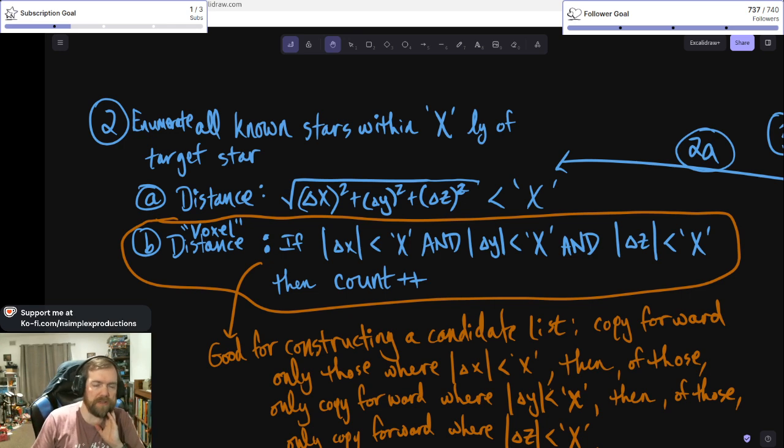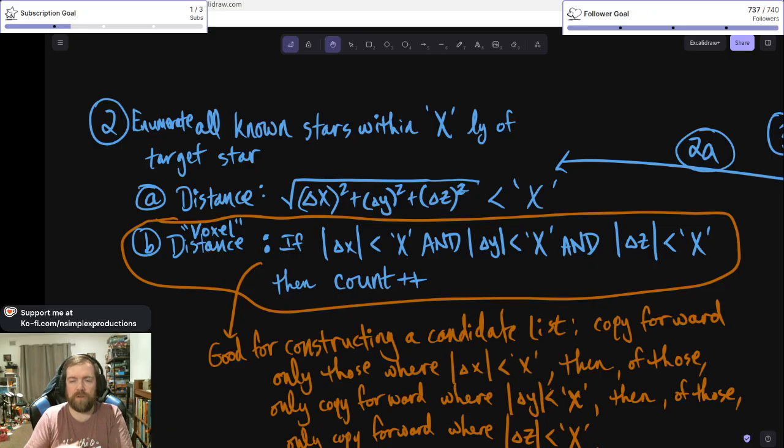However, I was thinking that the voxel distance would be good for at least constructing a candidate list. So if you have some ridiculous number of stars that you're currently working with, it can be pared down by galactic sector, first of all. We don't have that. Well, I mean, we got 2 million, but. And then only copy forward those where the x distance is good enough.